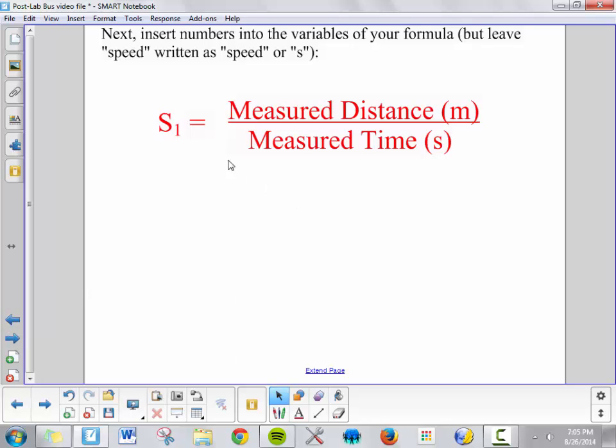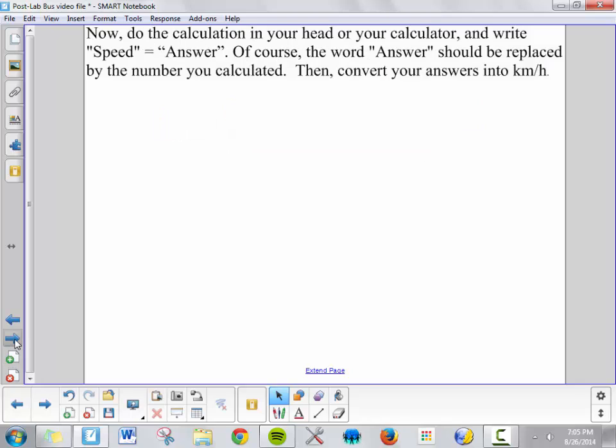So you would write the formula out, and then you would go ahead and plug in that distance in meters divided by that time in seconds. Once you have written that all out, then you would actually perform the calculation underneath. You would write speed equals and then the answer. Once you have your answer, it would of course be in meters per second based on your measurements.